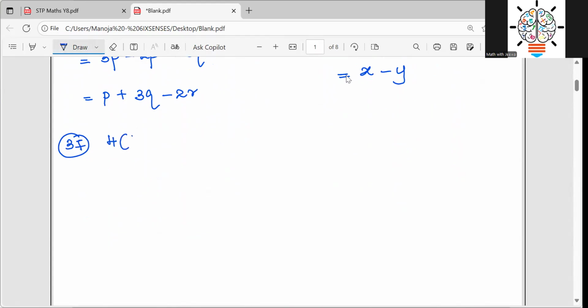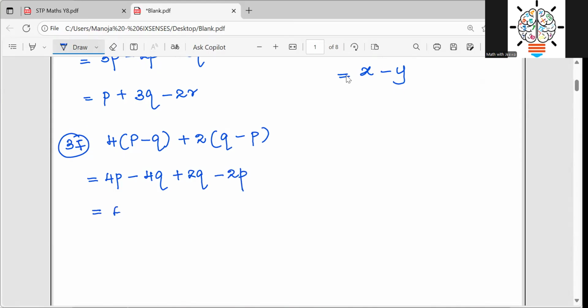Then 4 times p minus q plus 2 times q minus p. So then it gives you 4p minus 4q plus 2q minus 2p.